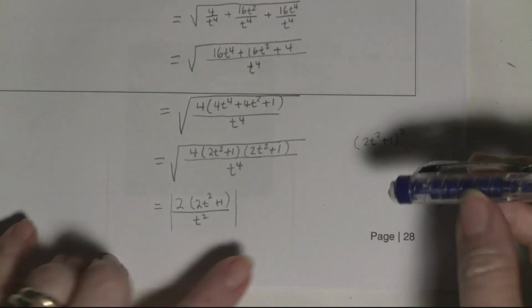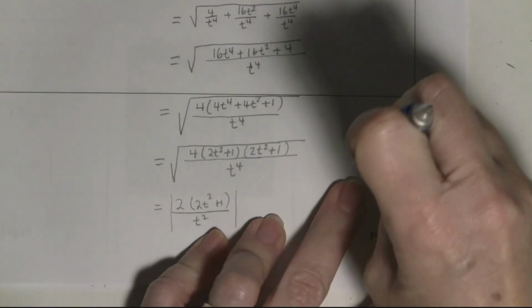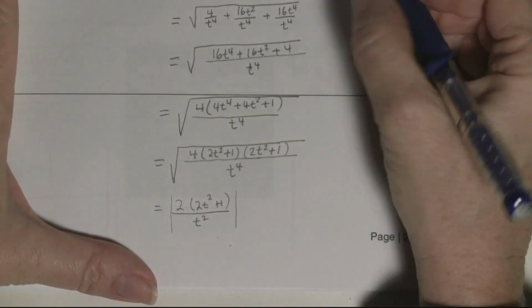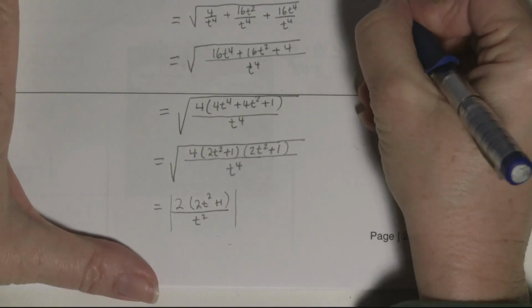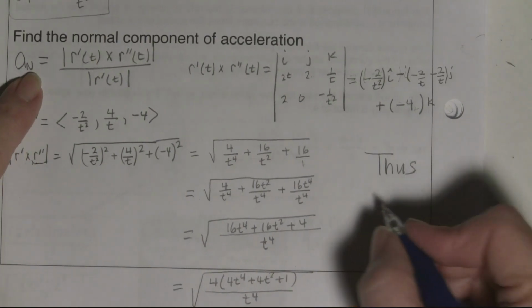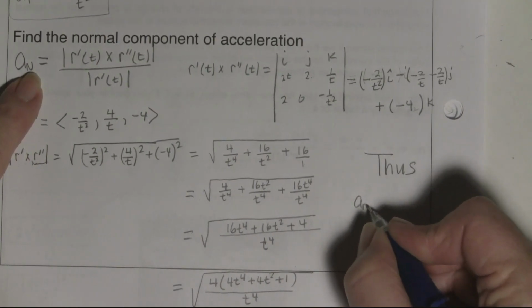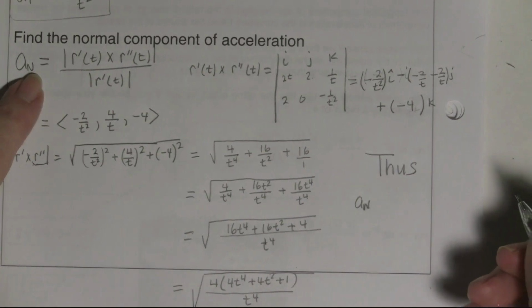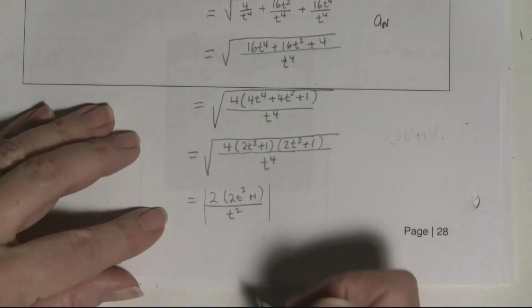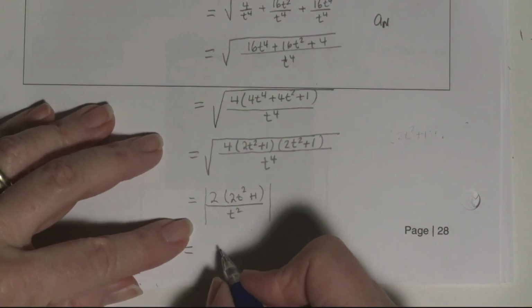I'm almost out of room, so I'm going to have to erase this and wish that I had gone over here. I'm going to put thus right here, because remember, this is what we were trying to find. I almost forgot what I was trying to find in my craziness. So we just found the numerator, and I'm going to write it without absolute value.